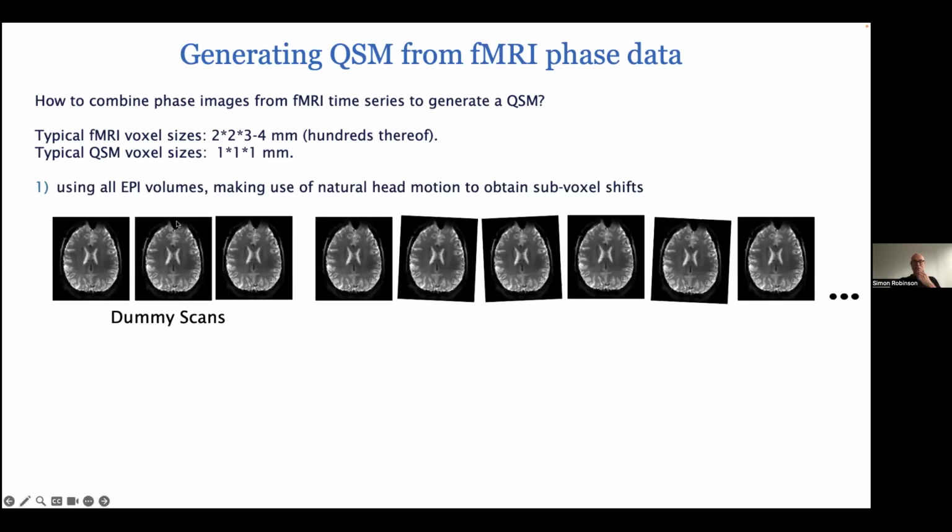So originally we thought to try and do this using the natural changes in head position and super resolution reconstruction. It turns out that in most of our compliant subjects, these changes in head position are very small compared to the slice thickness, which we probably anticipated. So we returned to the super resolution literature and saw that you can usually get a better result by changing the acquisition orientation.